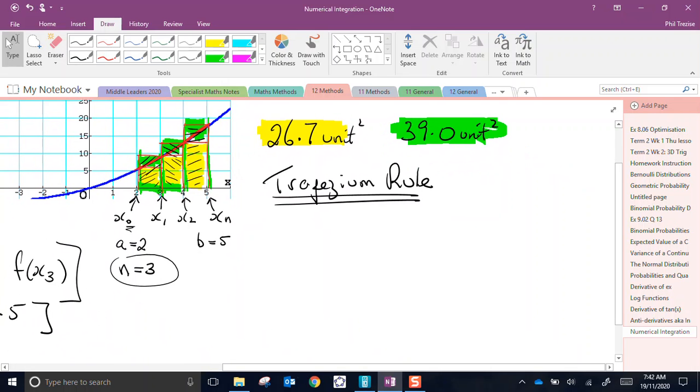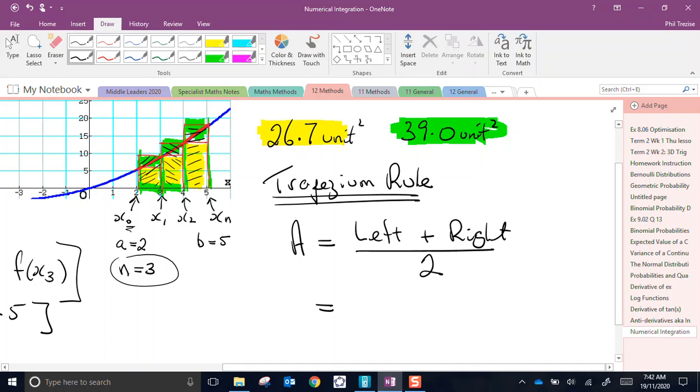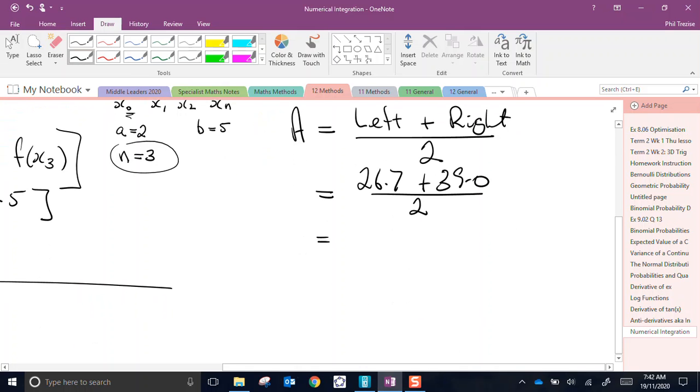So the Trapezium Rule, we could calculate the area, it's approximate still, but it would be the left-hand sum plus the right-hand rectangles divided by 2, as straightforward as that. And using our numbers, 26.7 plus 39.0 divided by 2.